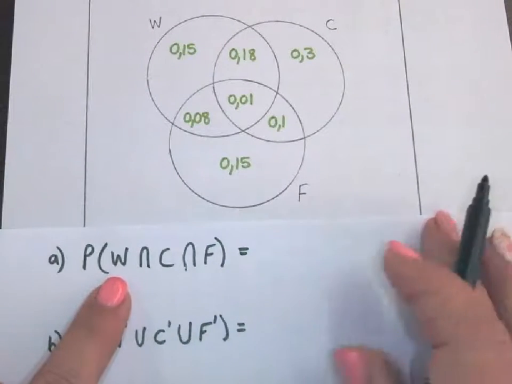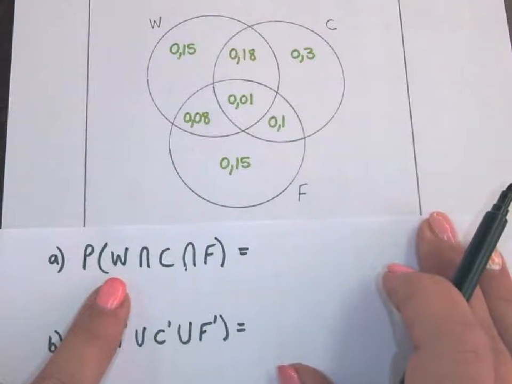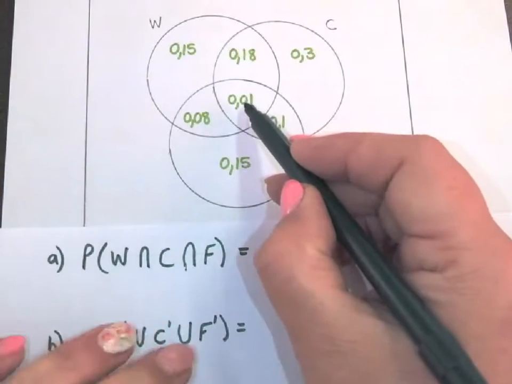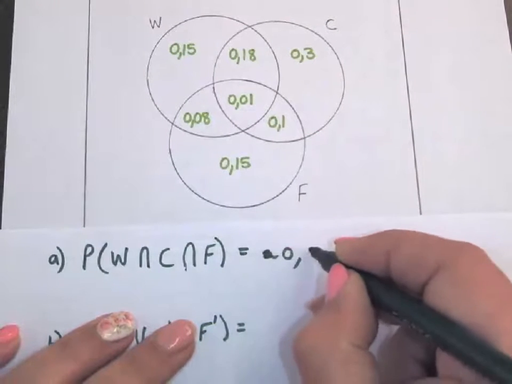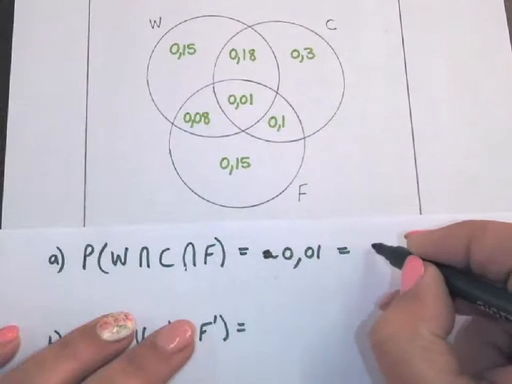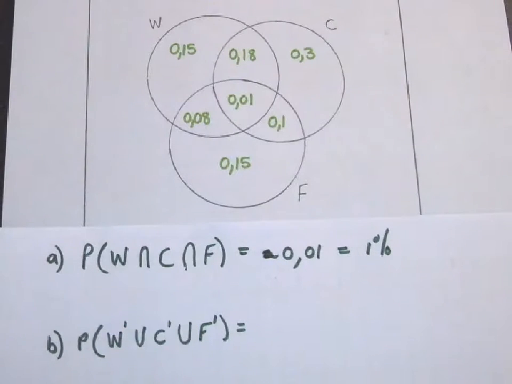Where do I look in my Venn diagram? The very, very center. That will be 0,01. And that is 1%. Should they ask the percentage?